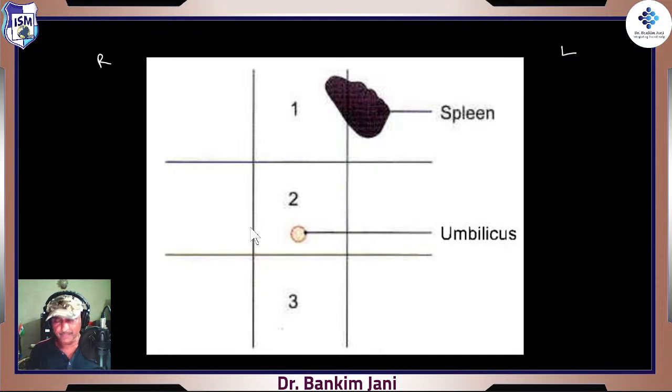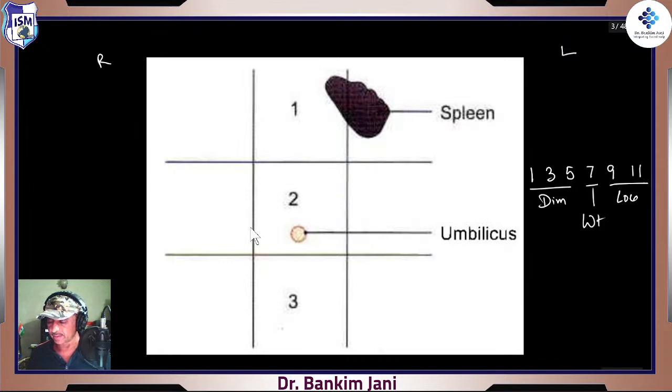Now for the spleen, you can remember it like 1, 3, 5, 7, 9, 11. The first is dimension, the next is weight, and the last is its location. So 1, 3, 5 you have to take in inches.